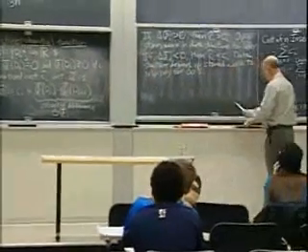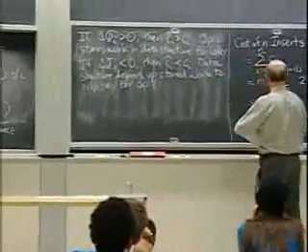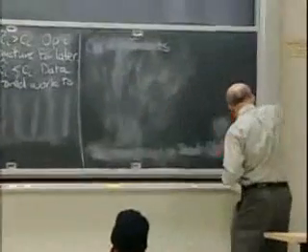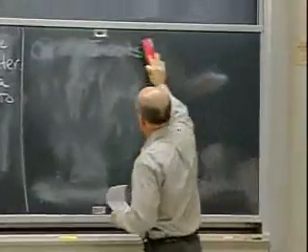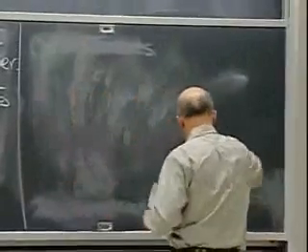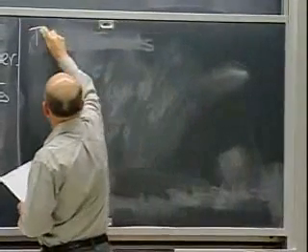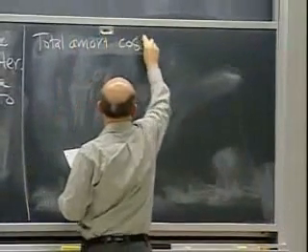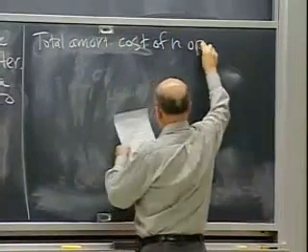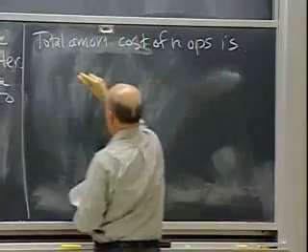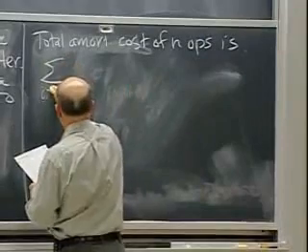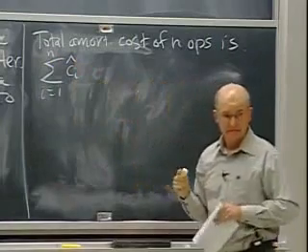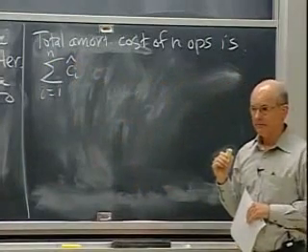So if we look at why this is a reasonable way to proceed, well, let's look at the total amortized cost of n operations. Okay, that's just the sum I equals 1 to n of c sub I hat. That's the total amortized cost.